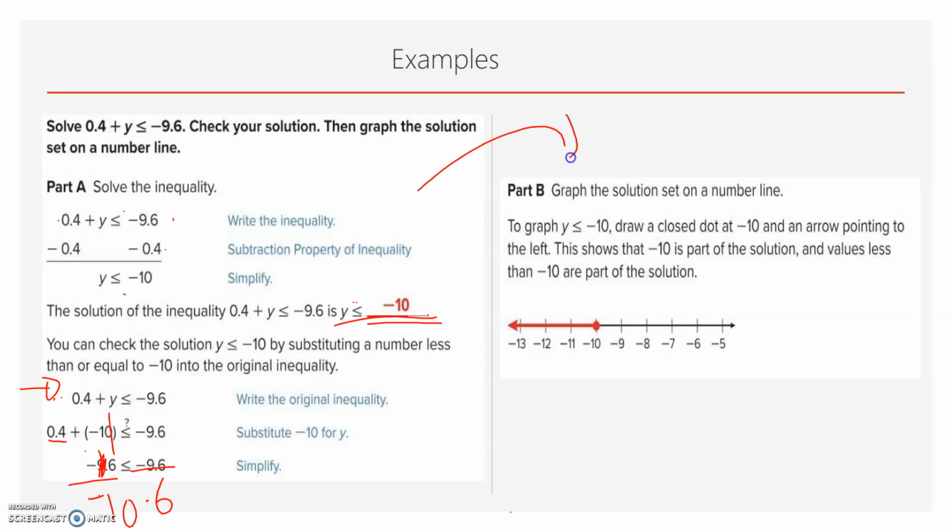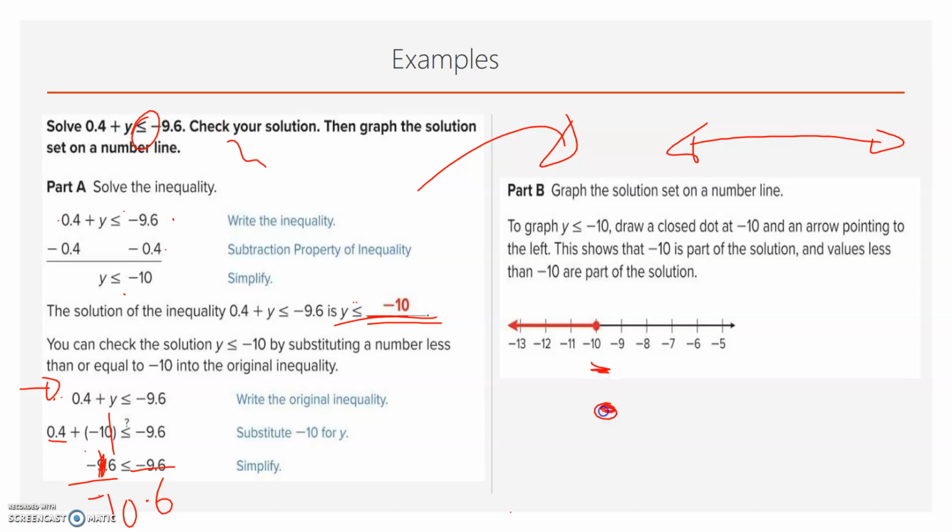Now going to the second part, which is graphing this. Is our work correct or not? Can we graph our work or not? Yes, we can. First thing, you need to do what? A number line. Okay, so as we know, in this case, it's a less or equal to, so that means it's going to be what?